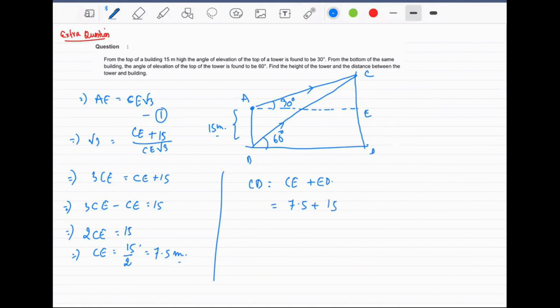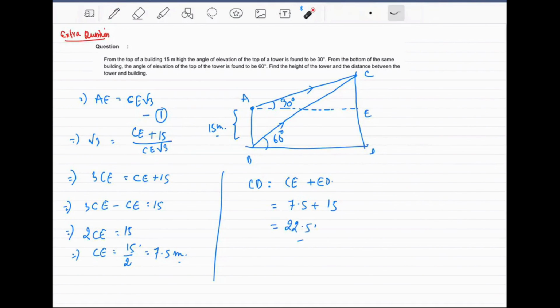ED part is already given. Actually, the AB, the height of the building, is given as 15. So ED part will also be 15. Right, so 7.5 plus 15, we will obtain 22.5 to be exact.